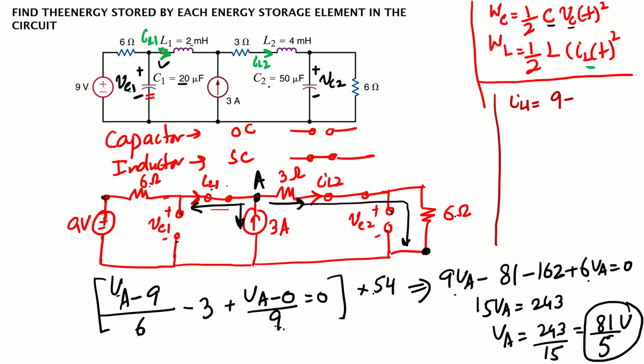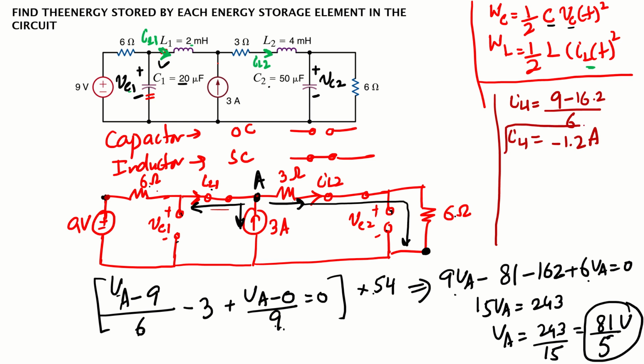So 9 minus, what is the voltage here? 81 over 5, that is 16.2, divided by the resistor. What is the resistor? 6. So if we simplify this, the value of IL1 comes out to be minus 1.2 ampere.